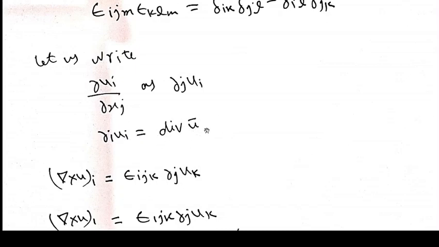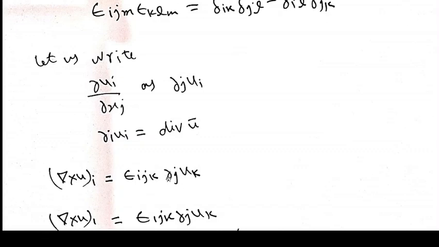As you know, del dot u is equal to partial u1 partial x1 plus partial u2 partial x2 plus partial u3 partial x3, and this is the sum. So this sum can be written as partial ui partial xi, or in this way partial i ui. Simply, you can write it as partial 1 u1 plus partial 2 u2 plus partial 3 u3.